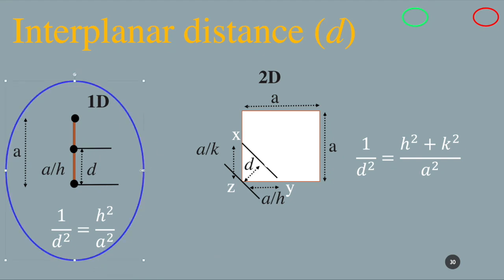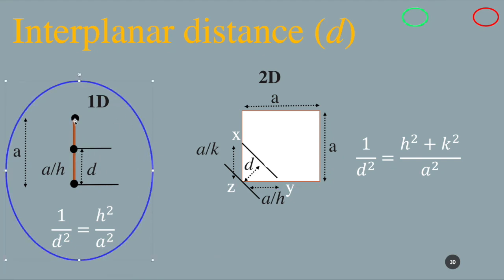In a one-dimensional system, if this is the unit A, marked by A, and let's say this is the plane, I'm marking this in brown, and there is another plane here. I'm talking about these two planes, but this is the unit. This can also be a plane, but I'm taking this plane.